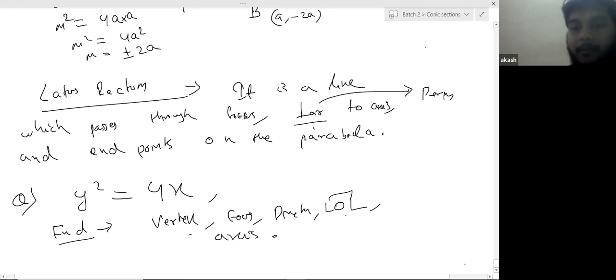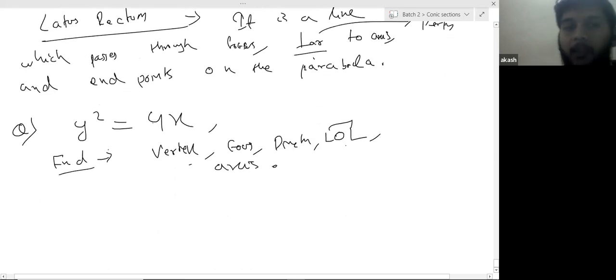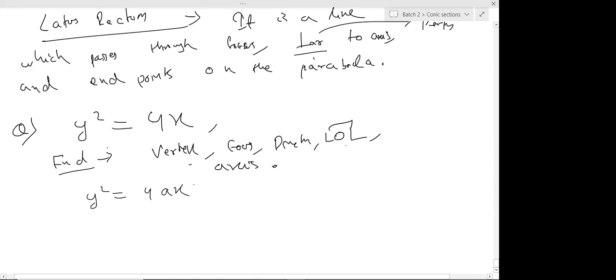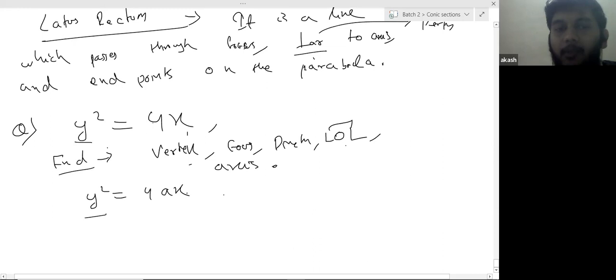How to find? Compare this with the standard equation. The standard equation is y square equals 4ax, right, Atisha? Yes, sir. So here y square is common, x is common, so 4 equals 4a. So the value of a is 1.